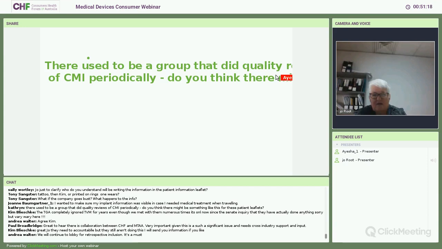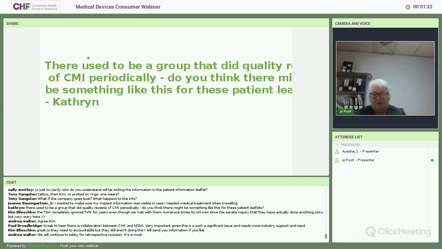I think this is from Catherine, about quality reviews of CMIs periodically. As I said, I think that's a good idea. That's something that we'll certainly be raising with TGA, and that's very helpful. And when we meet with MTAA, we would certainly be saying, would you be up for this?